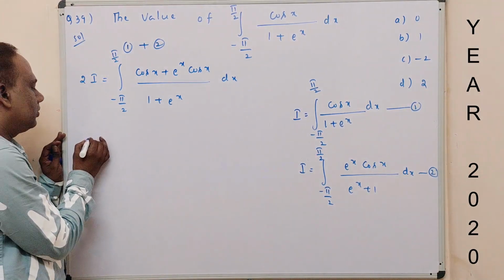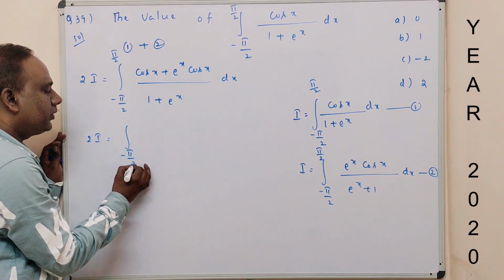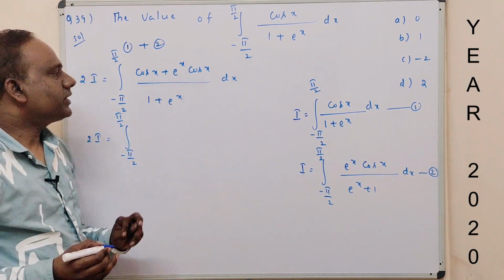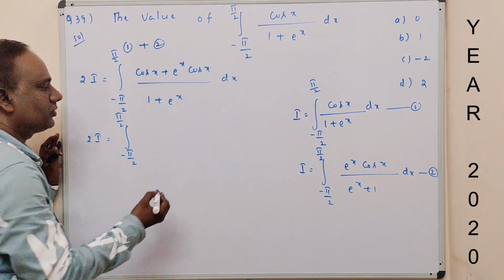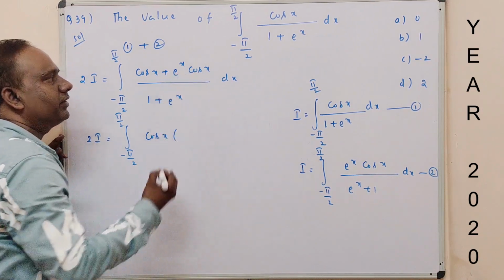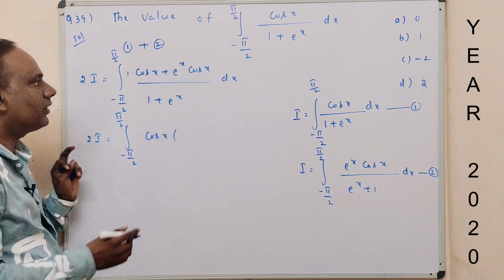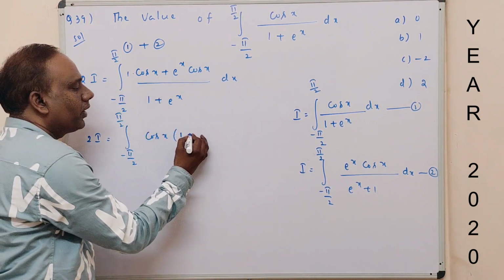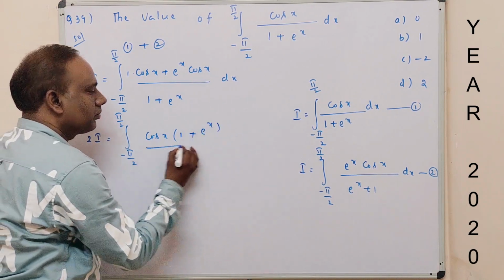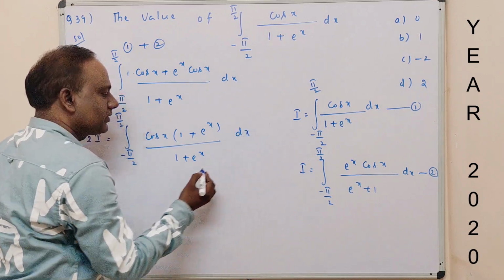Now 2i is equal to integration minus pi by 2 to pi by 2. Here cos x is common, so you take cos x common in the numerator. Here the remaining is 1 plus e power x by 1 plus e power x into dx.